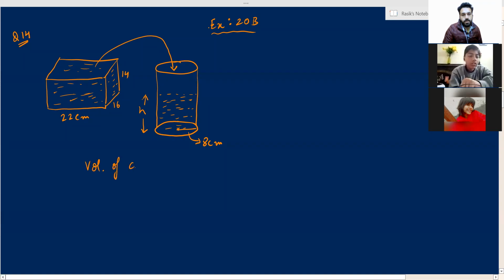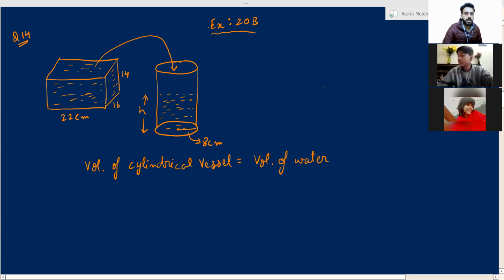Volume of cylindrical vessel is equal to volume of water, not cylindrical, sorry, cuboid, it is rectangular vessel, not cylindrical.